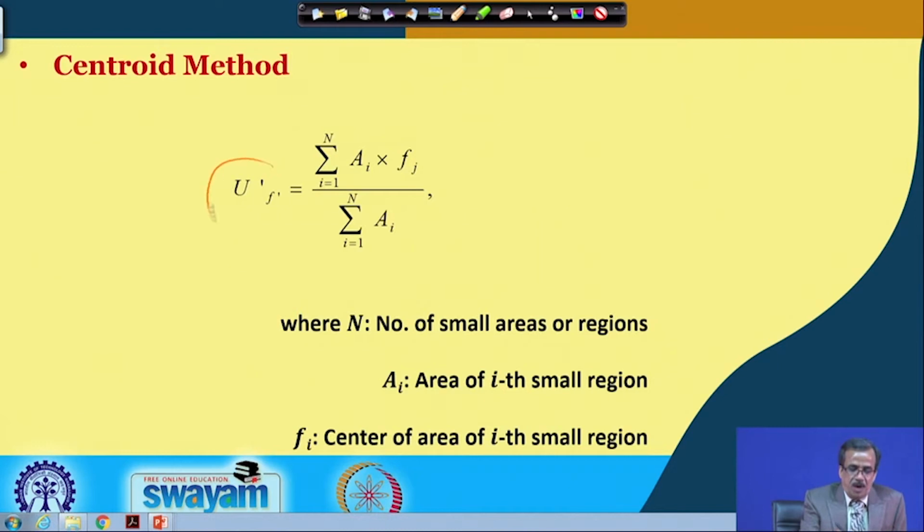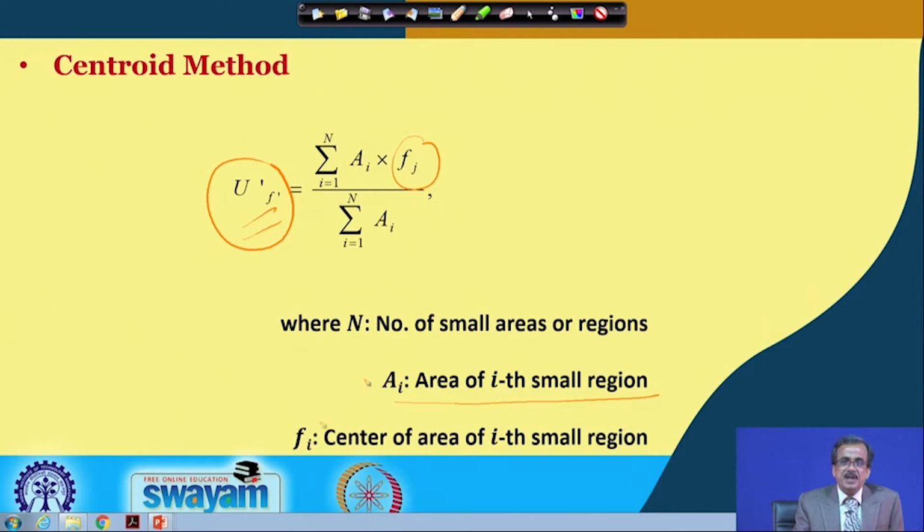Now, the crisp output, u prime, is nothing but summation i equals 1 to n of a_i multiplied by f_i, divided by summation i equals 1 to n of a_i, where a_i is nothing but the area of the ith small region, and f_i is nothing but the center of area of the ith small region.